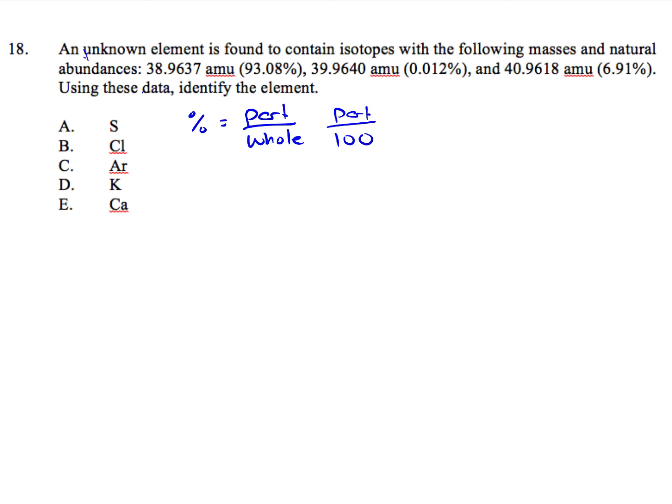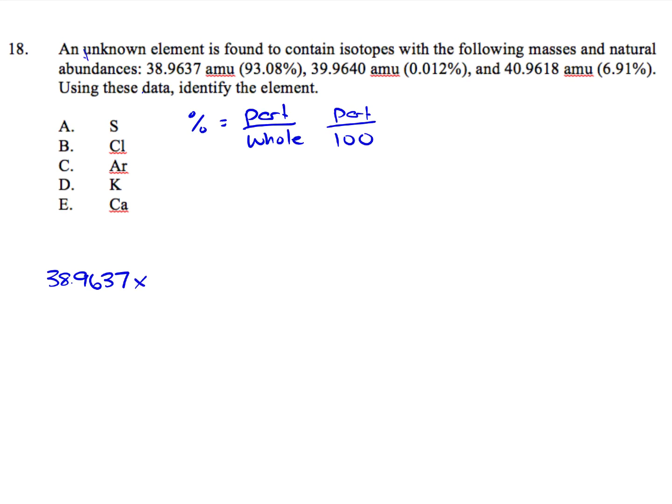Okay, so let's start with each one, and we'll do 38.9637. Now, we want to figure out how much of that mass is contributed by the naturally occurring isotope, and it's going to be 93.08.